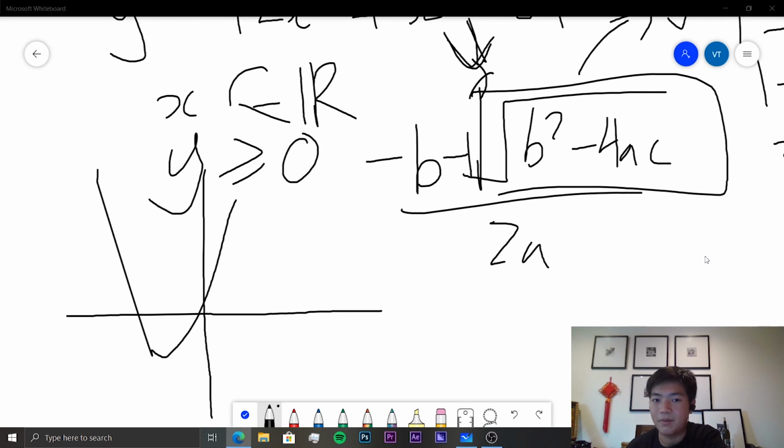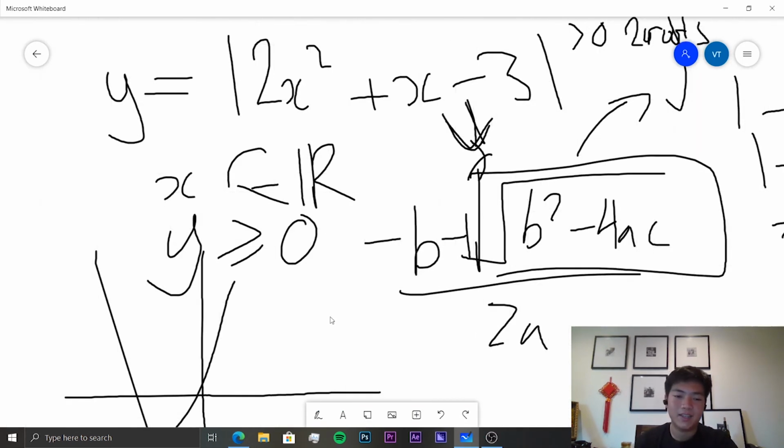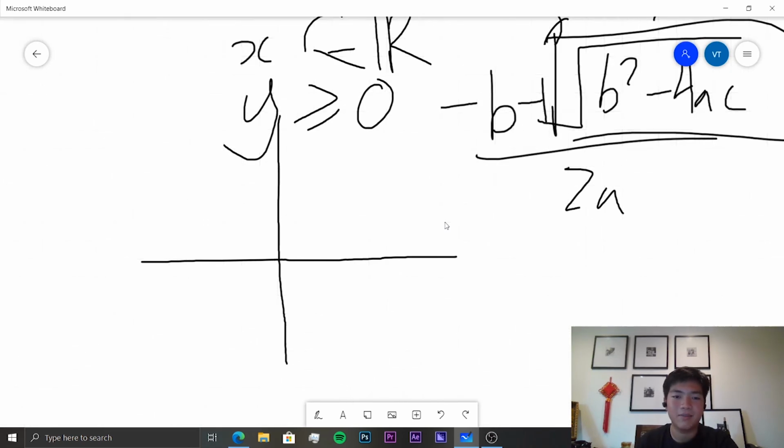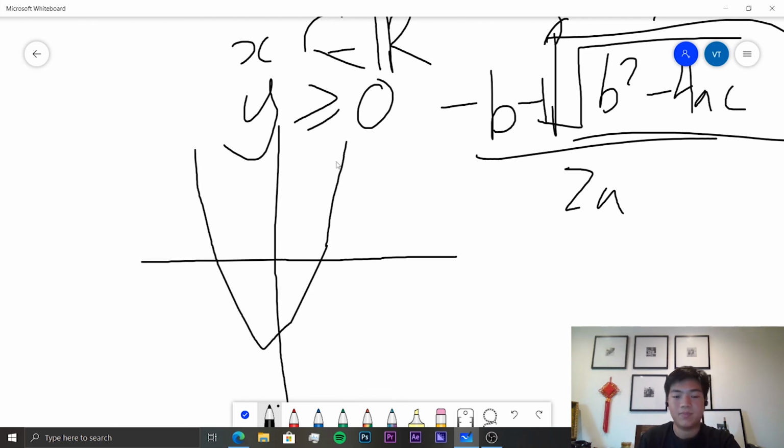Oh, actually, am I wrong? That's minus 3. Sorry, I thought it was a plus. Anyways, the graph would look something like this normally, right? You have your y-intercept at negative 3, and it's a concave up graph.